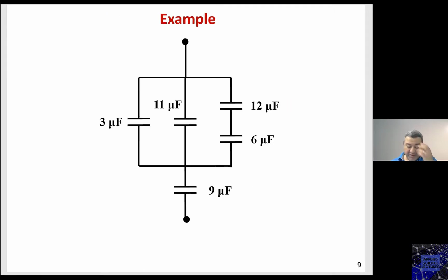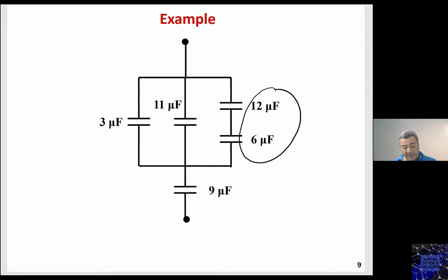Now let's look at this example. Here we have this configuration of capacitors, some of them connected in parallel, and there are some series connections as well. So in this case, I have the 12 and the 6 microfarads connected in series.